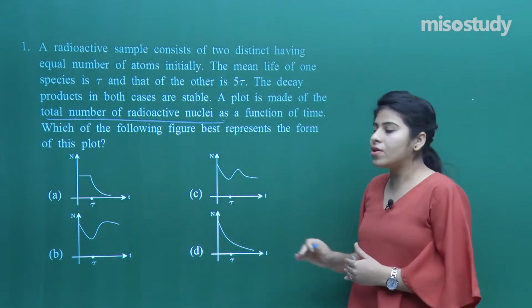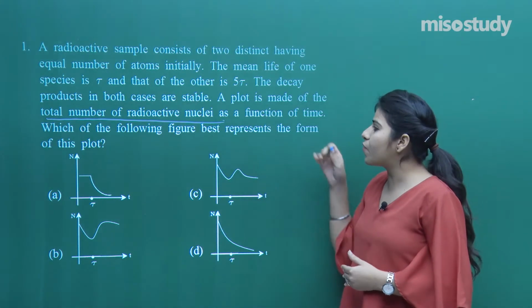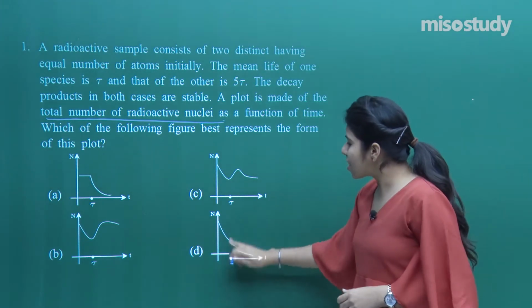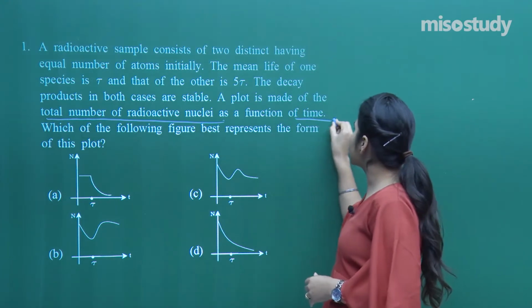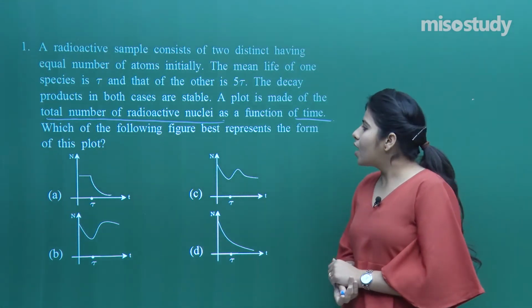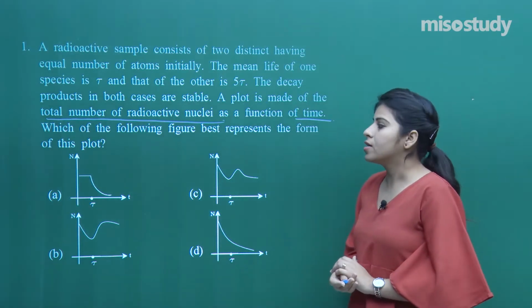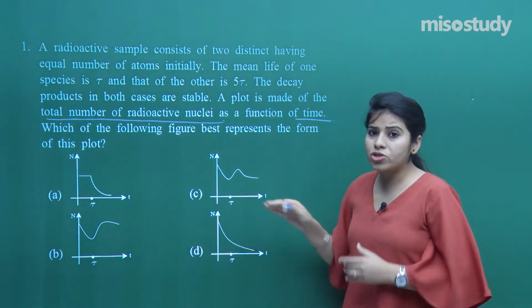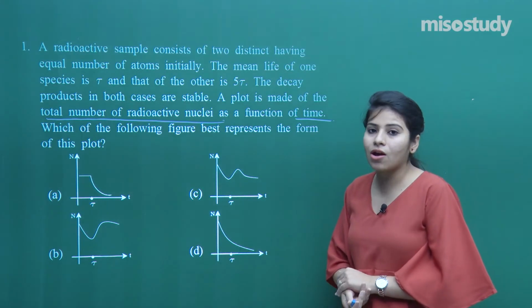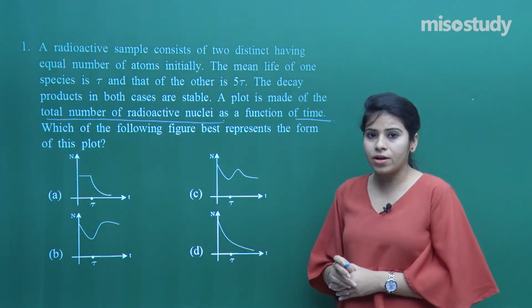The plot is given between the total number of radioactive nuclei as a function of time. So this tau is nothing but the time. Now which of the following figures best represents the form of this plot? We have to tell which figure is the best according to the situation given over here.